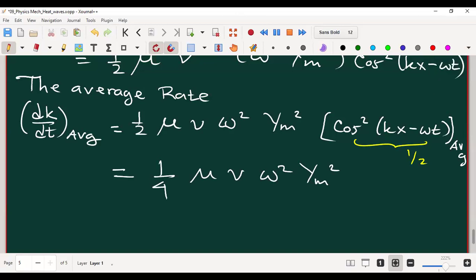And then the power average, P average, is 2 times dK/dt average.